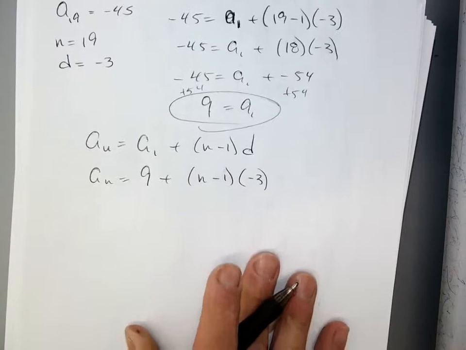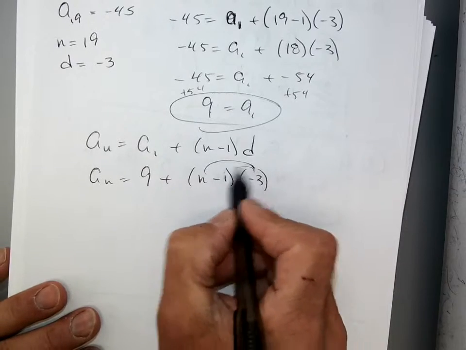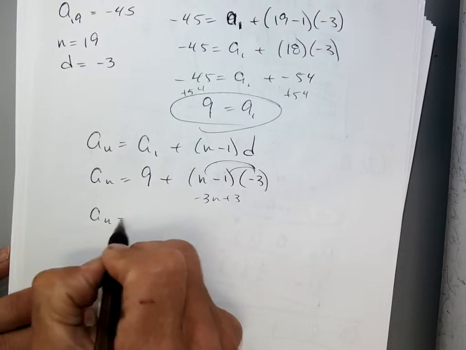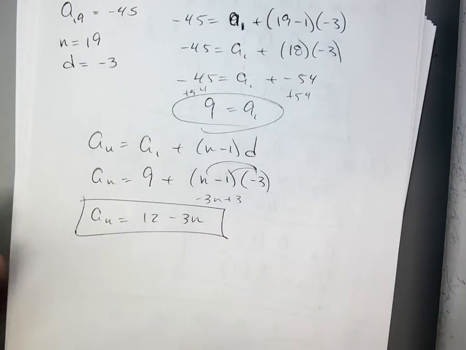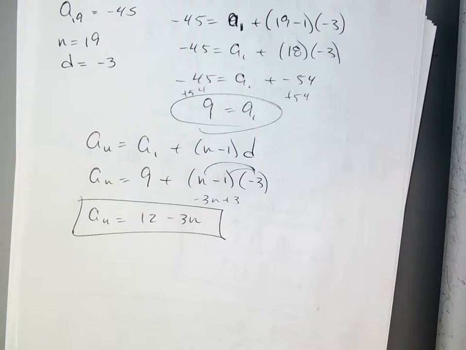Not to be redundant, but I am sometimes, that could be the answer, but I'm going to tidy it up. Negative 3n plus 3. A of n equals 12 minus 3n is a better answer. I would take this, but this is better. Okay. Thumbs up? Not too bad. We're getting there, right?